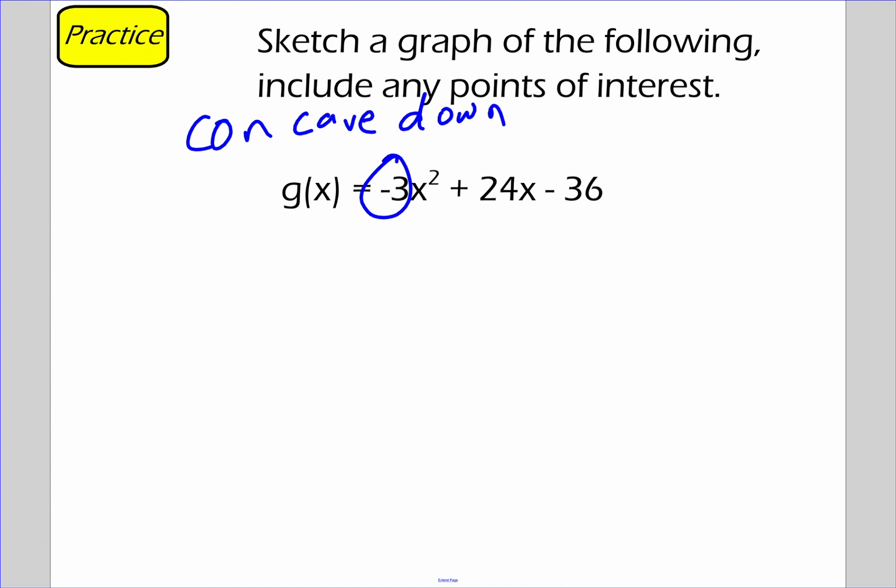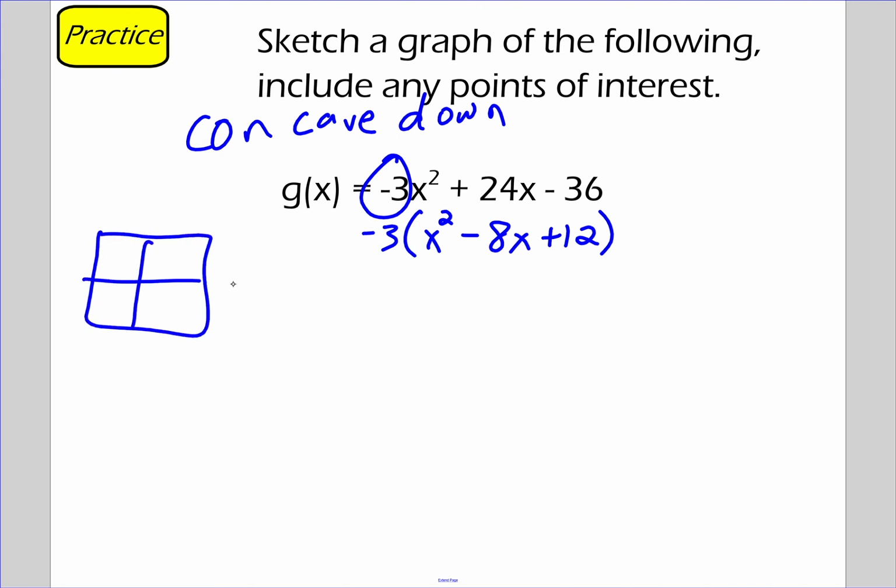I don't know the vertex. I could do -b/2a or various other methods, but let's just go ahead and start factoring. We'll factor out the -3, and so we have x squared minus 8x plus 12. Again, we want to factor this. We're looking for the factors of +12 that add up to be -8.